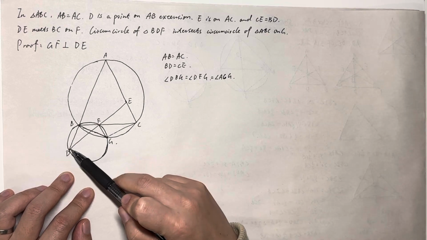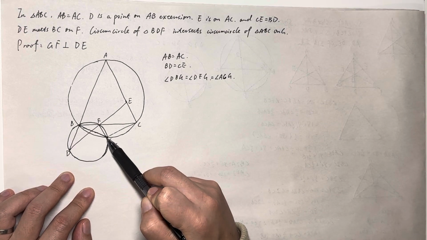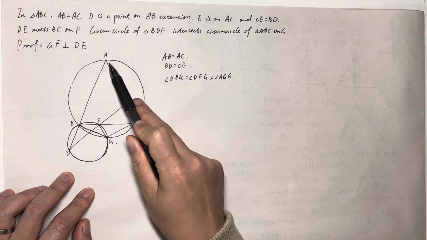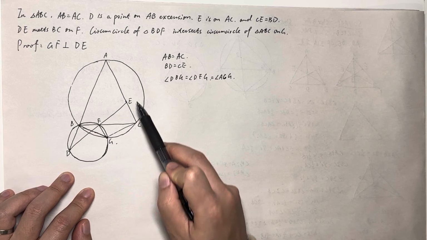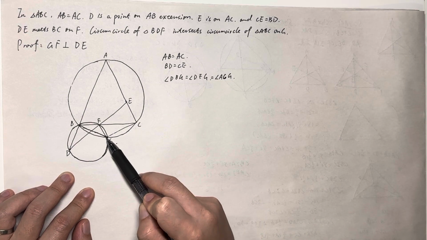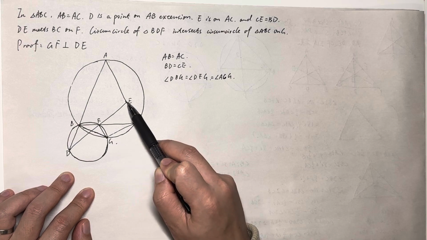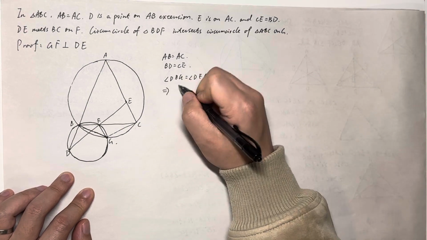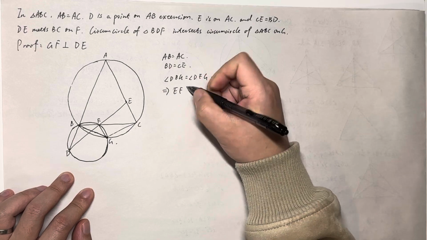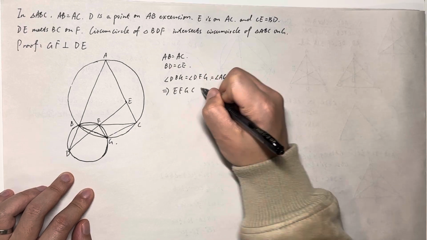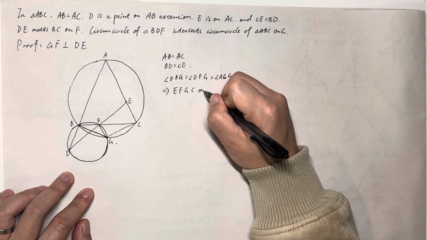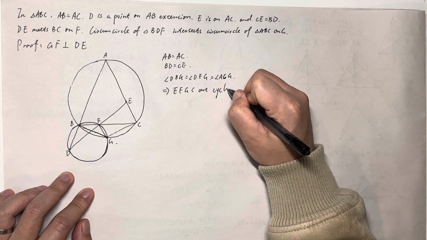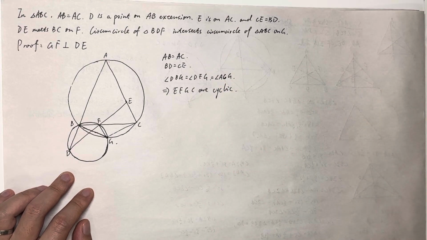That becomes angle DFG equals angle ACG, which is angle ECG. Okay, DFG equals angle ECG. So from here we know that EFGC are cyclic.